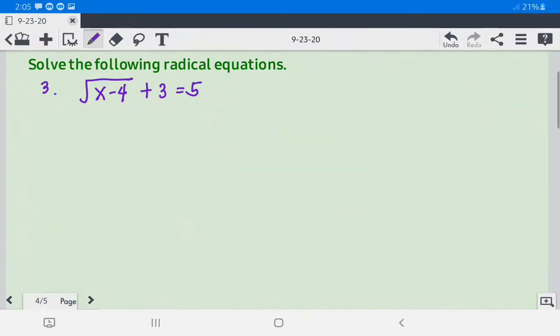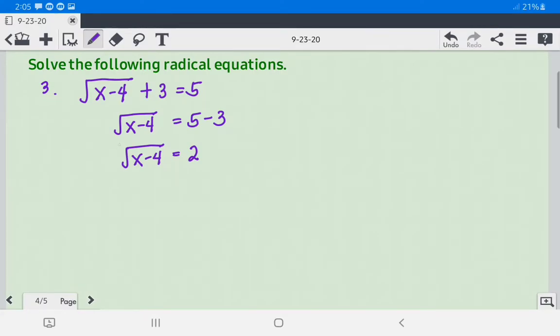Subtract 3 on both sides of the equation, or simply transpose 3 to the right side. So we have square root of x minus 4 equals 5 minus 3, we have 2.